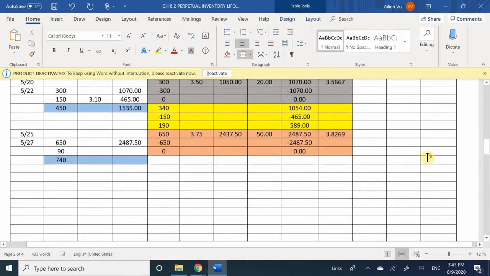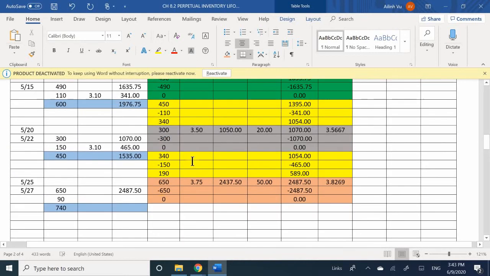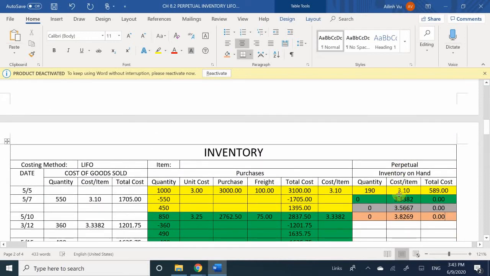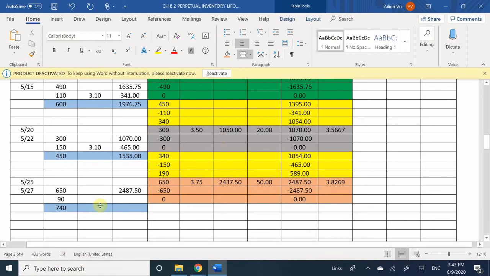Okay, good. Now we know from the yellow batch we still have 190, and it's going to cost us how much to sell? $3.10. Now let's multiply that by the 90 units that we have. 279 is our correct answer.